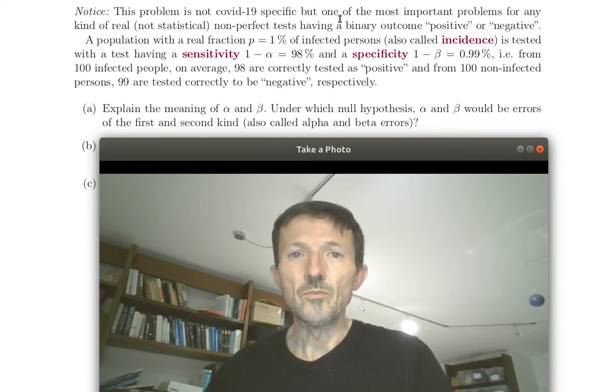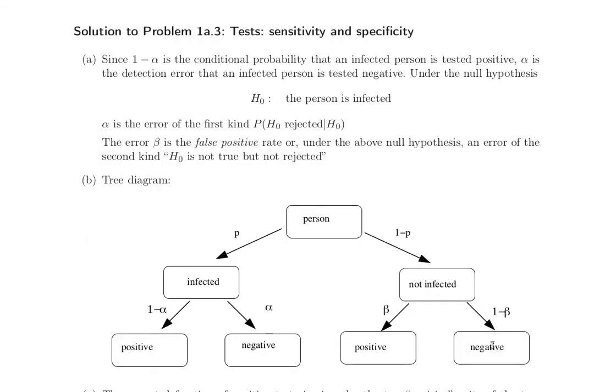So let's look at this. Let's say the null hypothesis is the person is infected. Then error of the first kind is the probability that the null hypothesis is rejected, although it is true. And obviously the person is infected, so we test if a really infected person tests positive. That's of course the sensitivity issue.